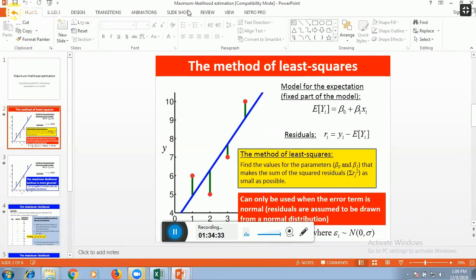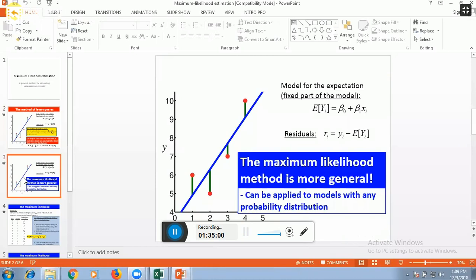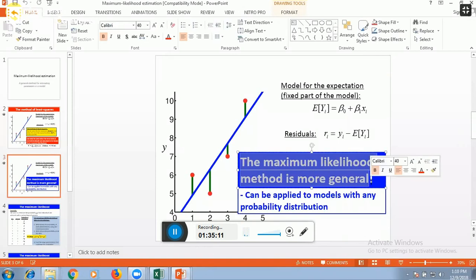Let's understand this part. Suppose the method of least squares, which I just discussed, assumes that your residuals follow a normal distribution. Only if the residuals follow a normal distribution will minimizing the sum of squares of error work well. If that is not the case, and instead it follows another distribution, in that kind of scenario maximum likelihood estimation works well.